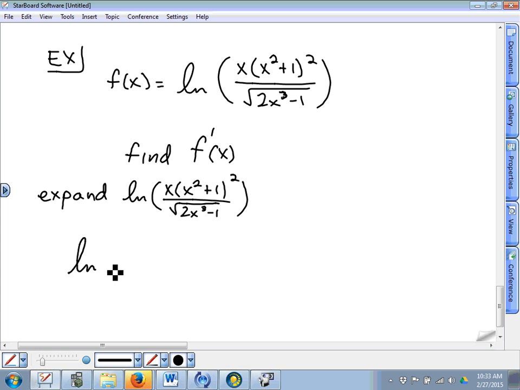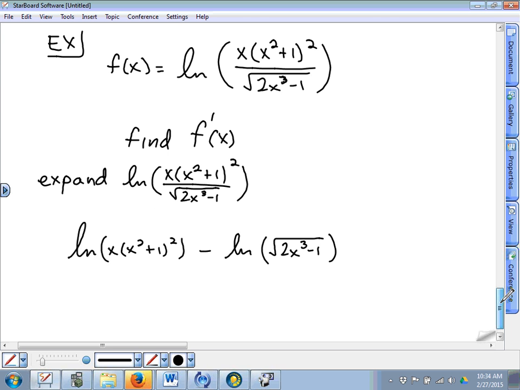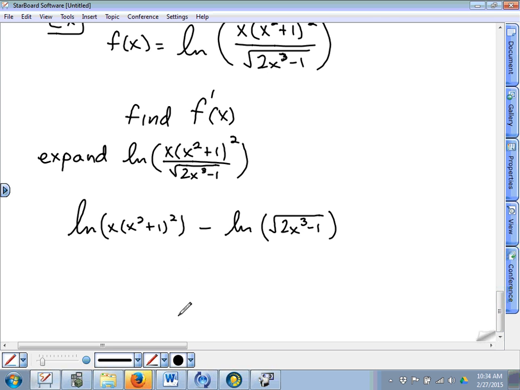So the first thing you take care of is the quotient. It's the natural log of the numerator minus the natural log of the denominator. And then we can split the first one up into 2 more logarithms because it's a product property.